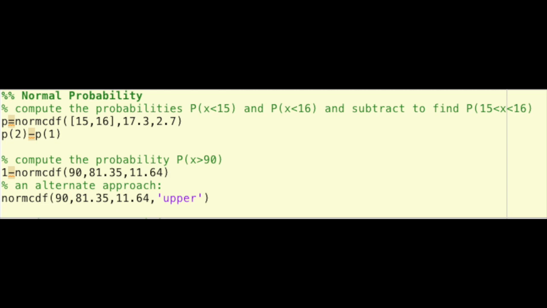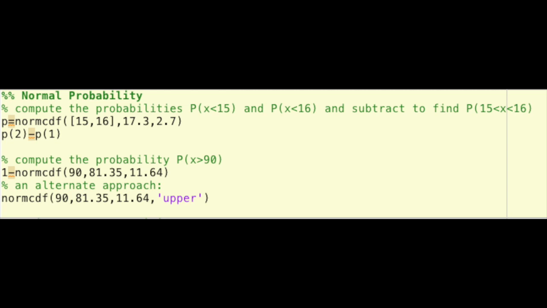We store these values in a variable called p, which gives us a vector of probabilities for those two ranges. When we subtract the first entry in that vector from the second, we're computing the probability that our random variable falls between 15 and 16.